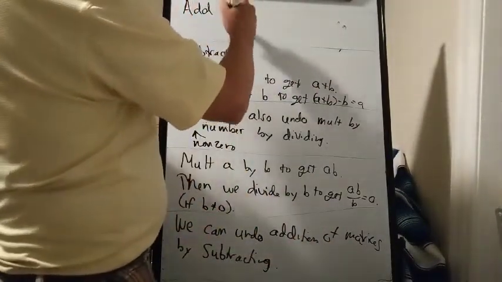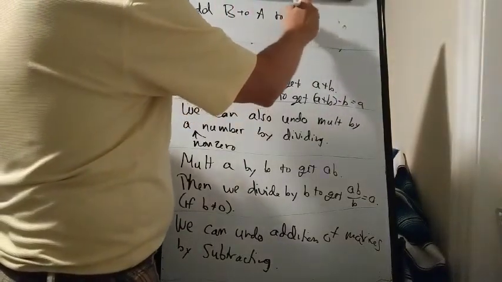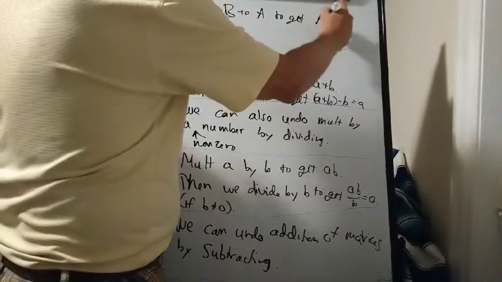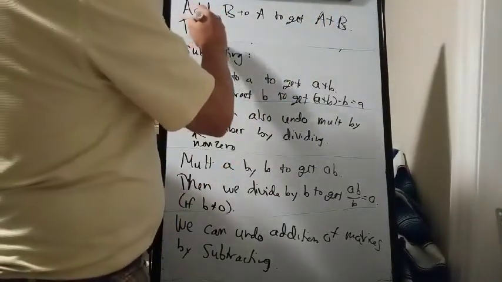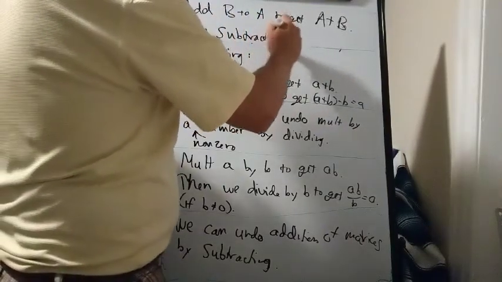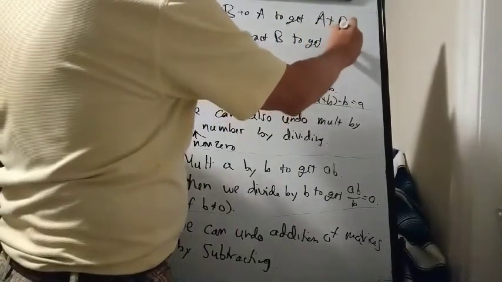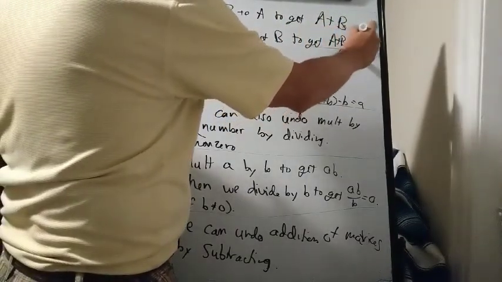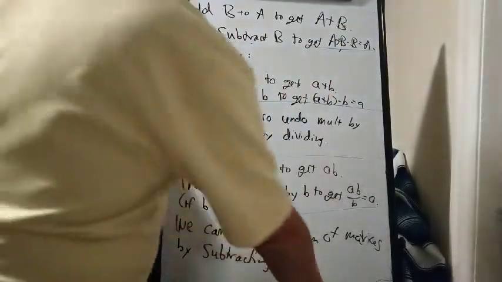And this is just like numbers. We can add B to A to get capital A plus capital B. Then we can subtract B to get A plus B minus B is A, just like we never added B in the first place.